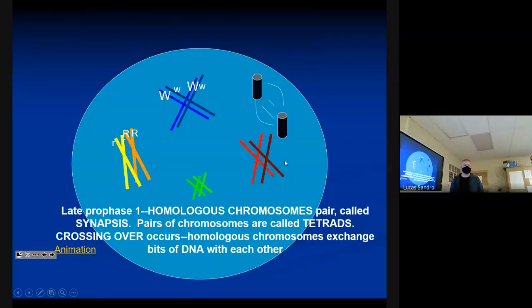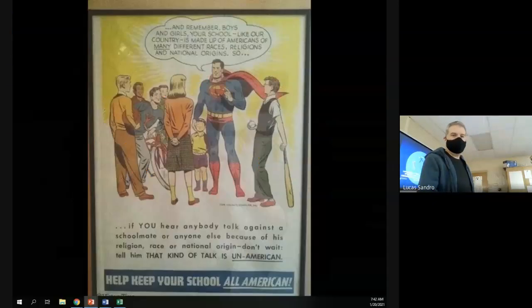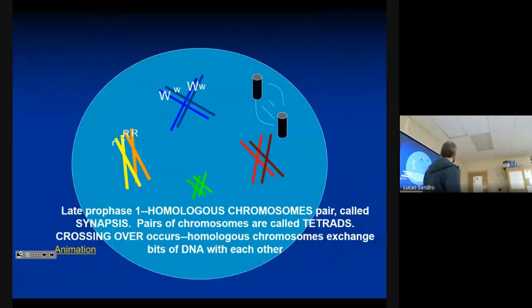There's a process called synapsis. Two homologous chromosomes stuck together like they do is called a tetrad. Tetra means 4. Since these chromosomes are duplicated, already replicated, gone through S of interphase, we call them tetrads because it's like there's 4 chromosomes together.